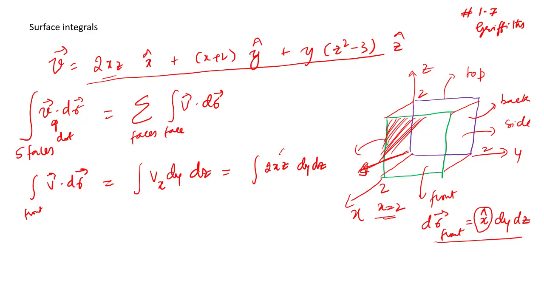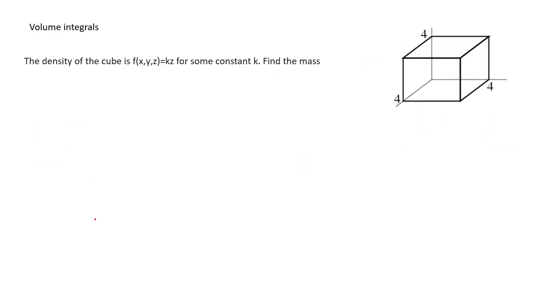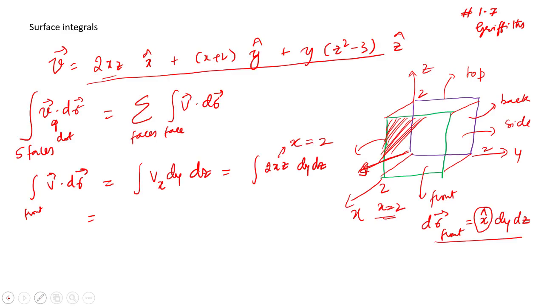So x is equal to 2 for the front face. By substituting that, I get 4z dy dz, and y and z are going from 0 to 2 because it's a cube.